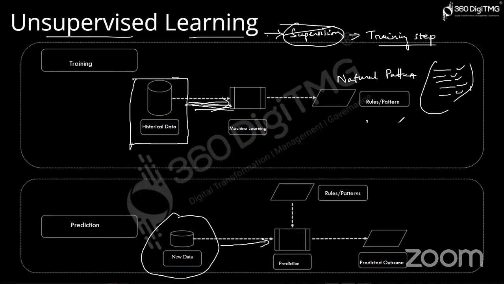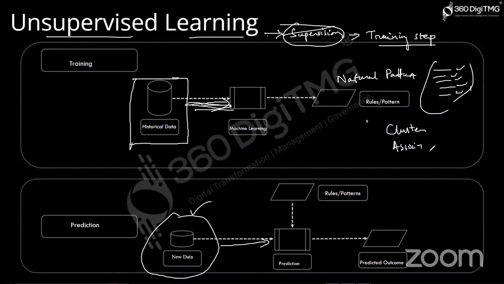There are multiple algorithms for this. We have clustering, where we find which cluster the new data belongs to. We also have association rules, where we find which items the new data is closer to.